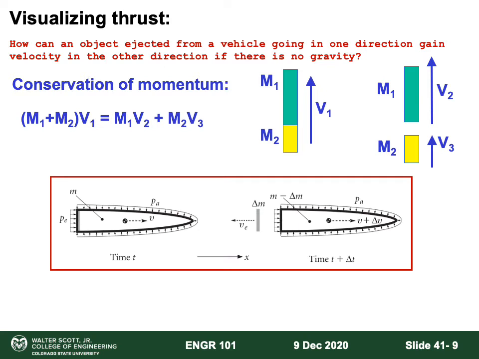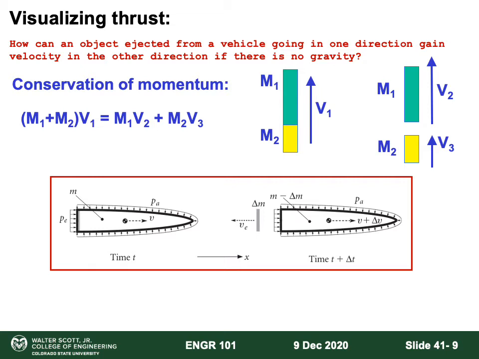But now what we're going to do is, instead of showing it as a block and having this only occur once, we're going to have this occur continuously. So that's what this diagram shows. So there is a continuous ejection of mass out the back of the rocket engine.